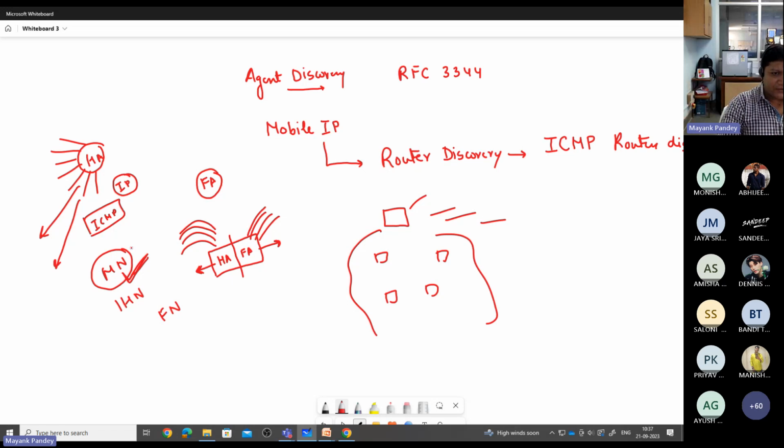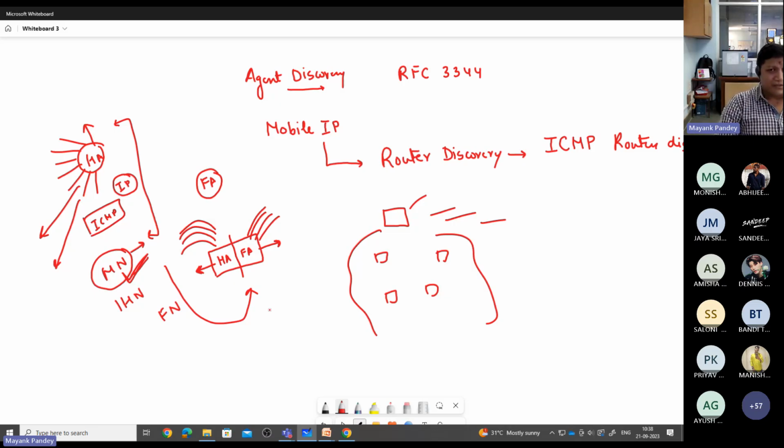So the network prefix of the mobile node's IP address and the network prefix of the advertisement, if they are the same, it means the mobile node is still in the home network. And when they are different, it means the mobile node is in the foreign network. Only this much is there regarding agent discovery. There are other flags and other things which we will take later after the mid-sem examination.